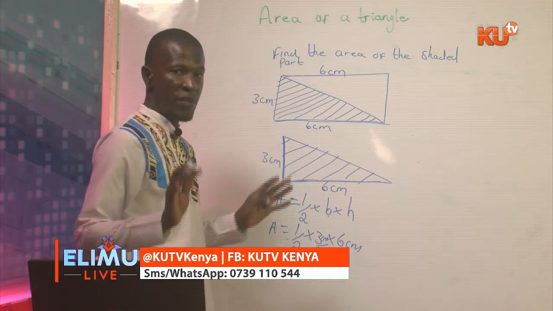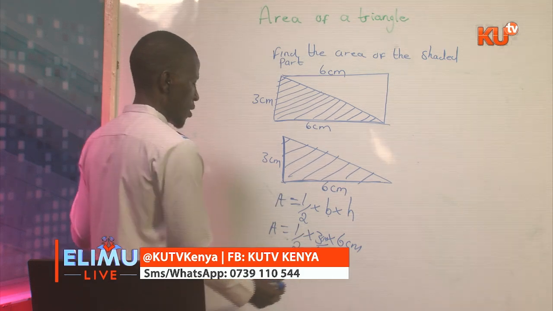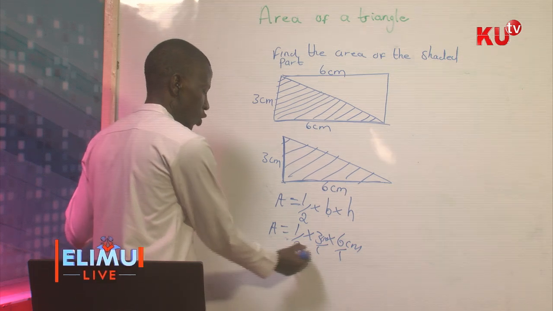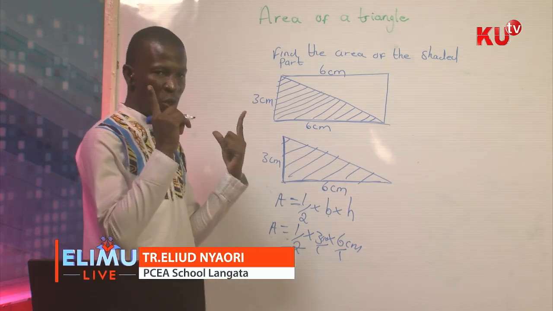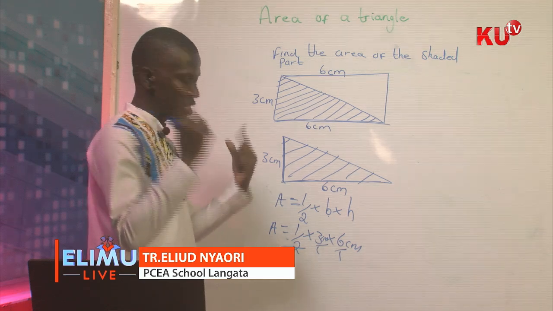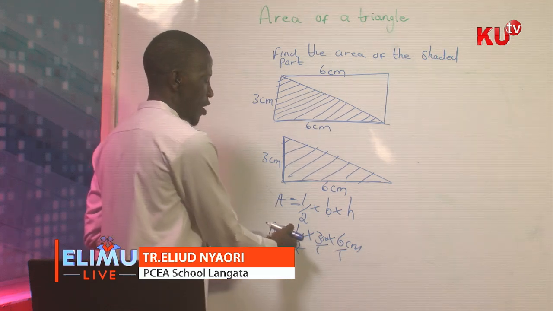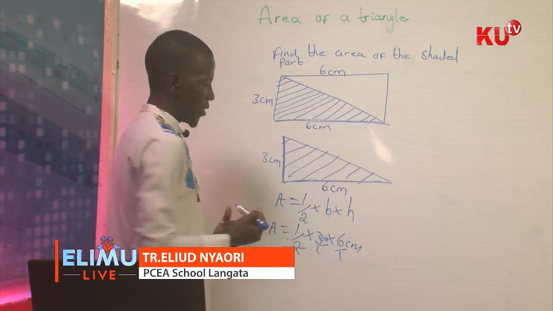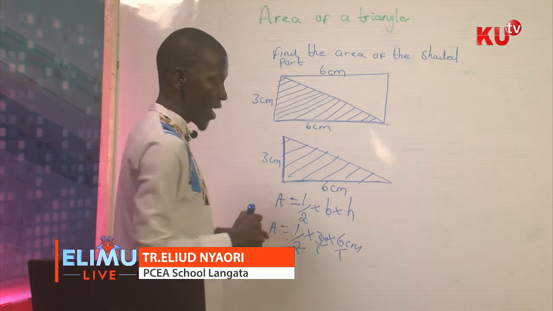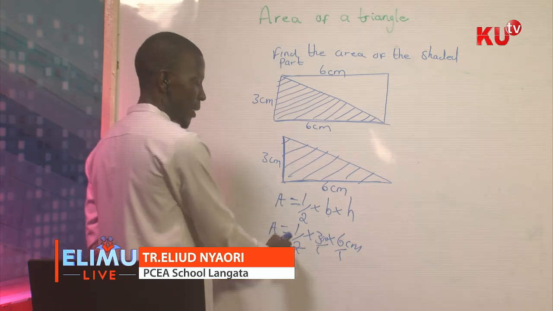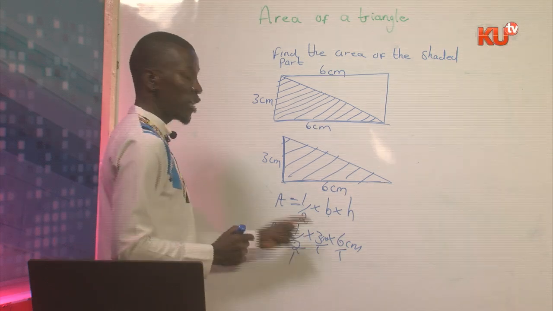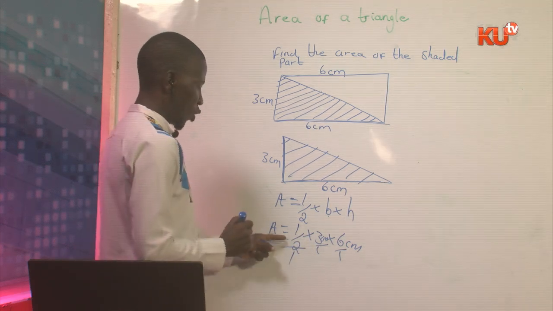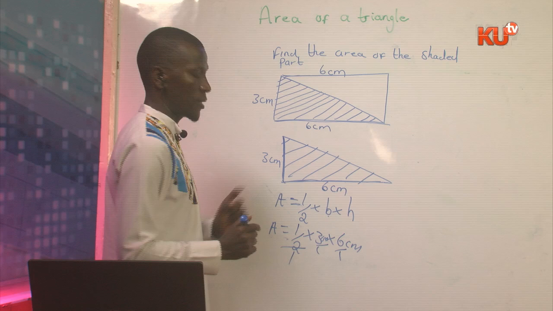So using the simplification method, I'll take 2 goes into 2, 1. And for you to do that, you must have checked, is there a number in the numerator which can be simplified with 2, which is in the denominator? Yes, 2 cannot go into 3, but 2 can go into 6.